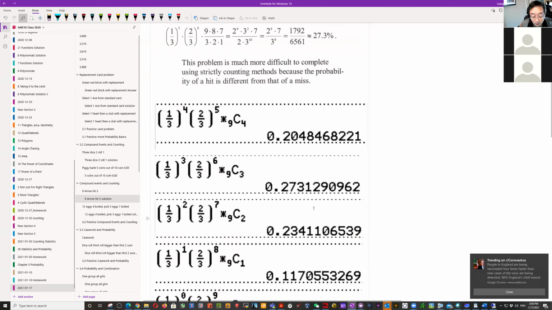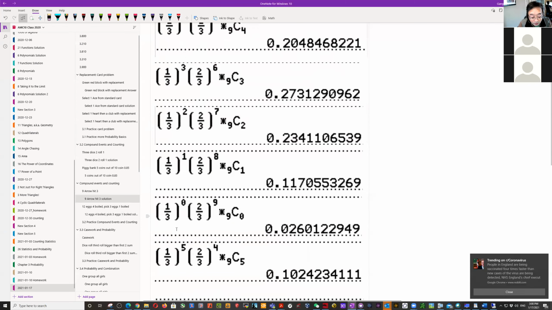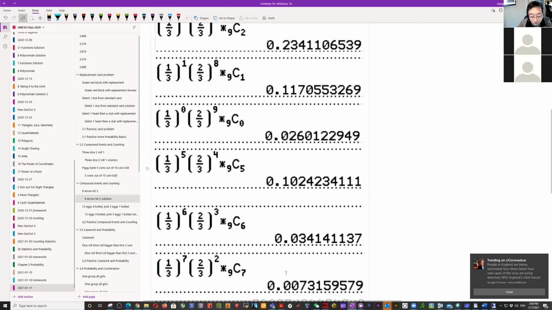So basically you have about a 37 percent chance to miss and score lower than 3 arrows.